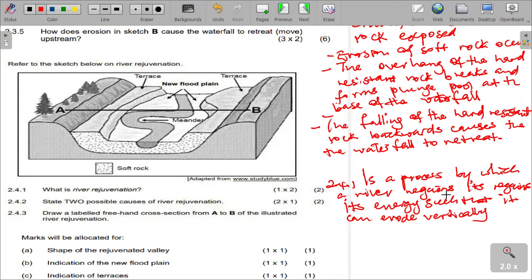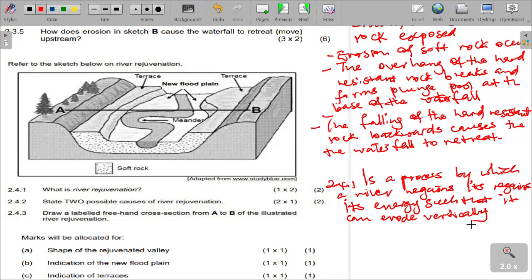So what happens is that a river has been flowing, but it was either having a low discharge or not having enough energy. There are many factors that might cause the river to gain its energy, which we are going to look at.